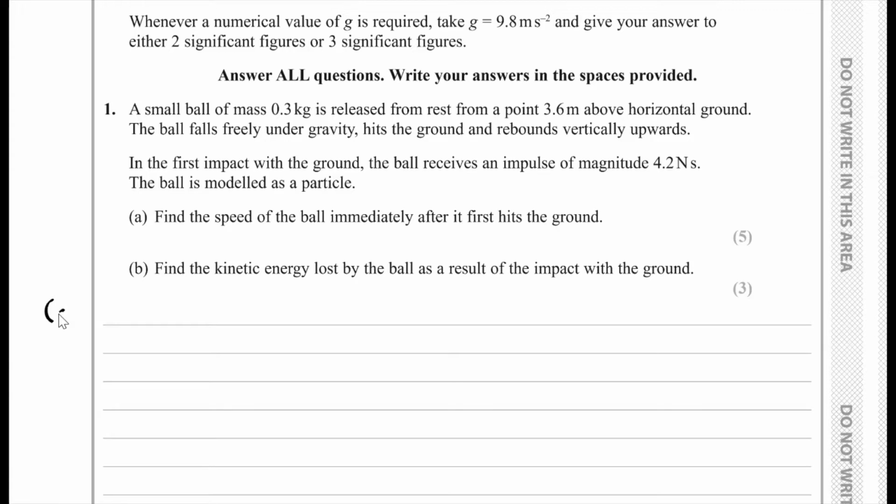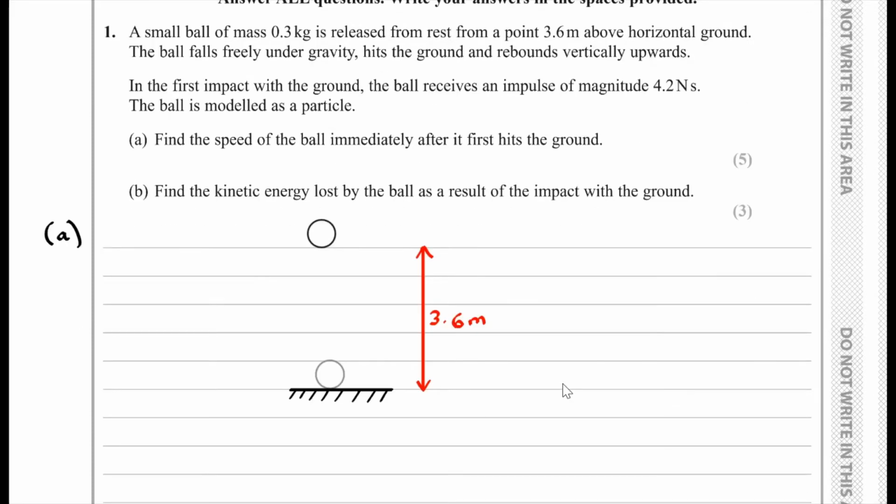So for part A, I think it will be a good idea to begin by sketching out this situation. So we've got the ball, it starts from rest, it comes down, it hits the ground, and then it bounces back up. So we've got this speed before it hits the ground.